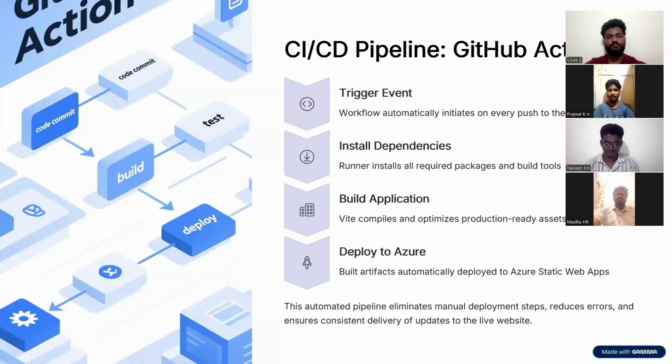Deploying to Azure Static Web Apps means the build artifacts are uploaded to Azure and the website is updated instantly without manual steps. This automation reduces human error and ensures fast and consistent deployment. And next, the live portfolio website, how it goes into action.